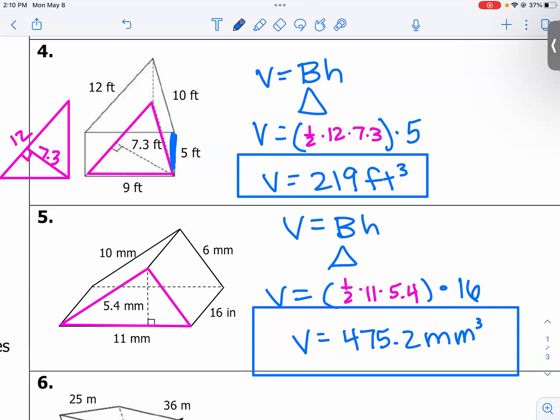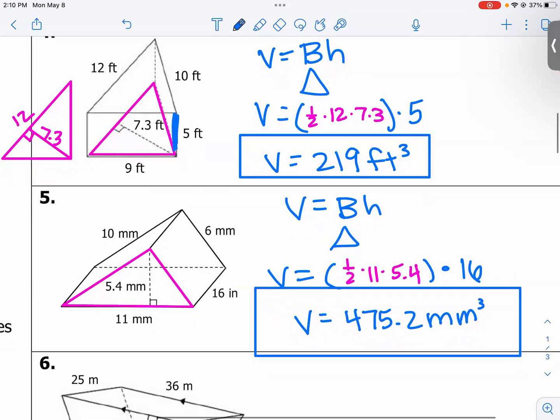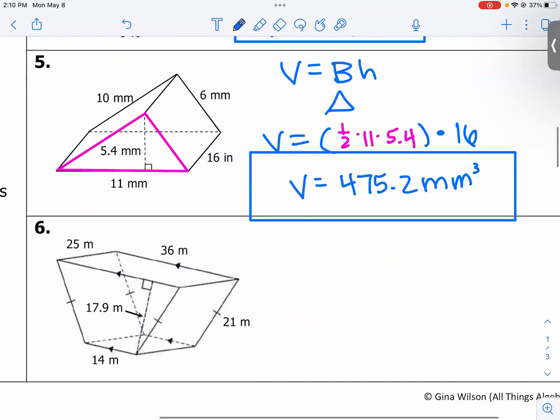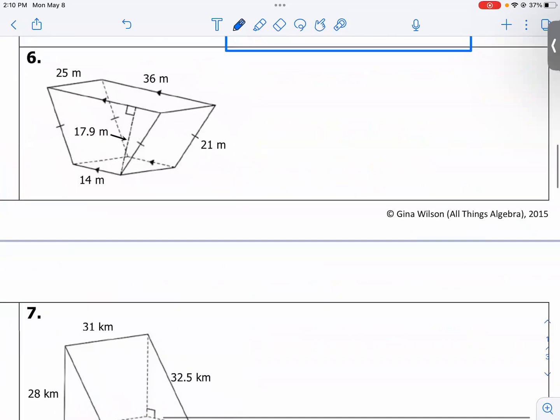No. So, since that's not a right angle, we have to go with this guy right here. Okay. Yeah. All right. Ooh, look at this guy. This is a prism, but what are the bases?